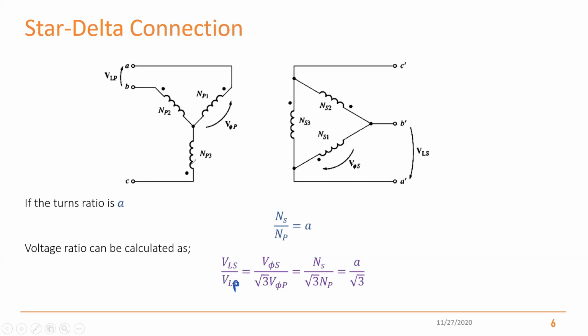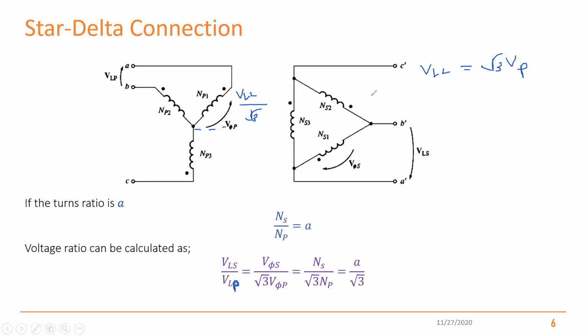Now our primary is in star connection. So if you consider the phase value, it is VLL divided by root 3. Therefore, to obtain the line voltage you have to multiply the phase voltage by root 3.